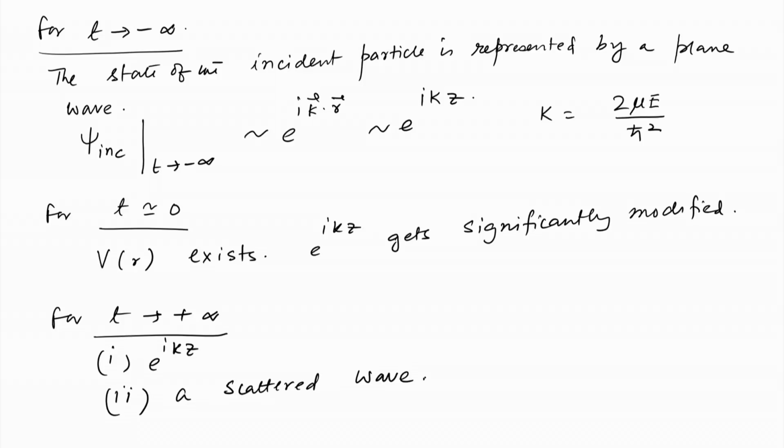Of course, the first one we have discussed. The important thing is the second one, and we need to be convinced of the form of the scattered wave, because the rest of the analysis is going to crucially depend on the form of the scattered wave that reaches the detector as t goes to plus infinity.